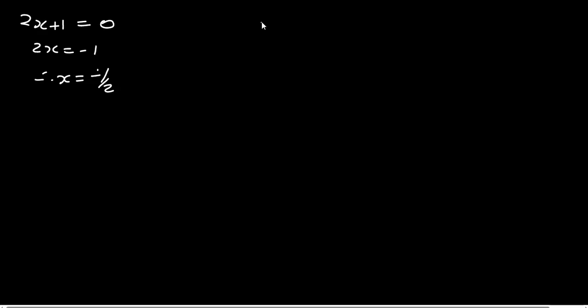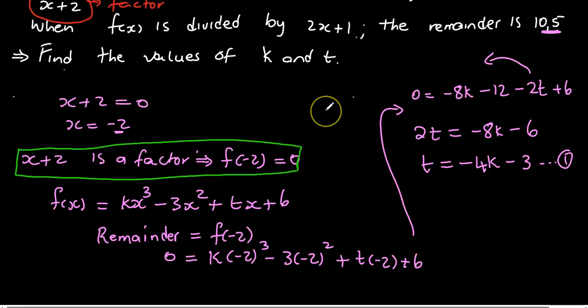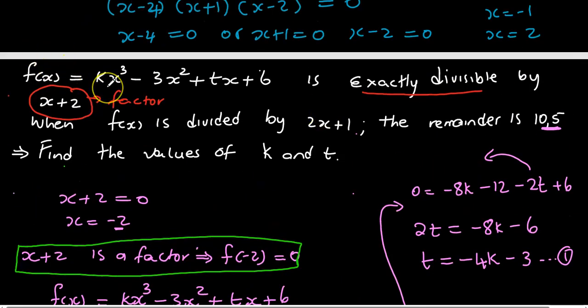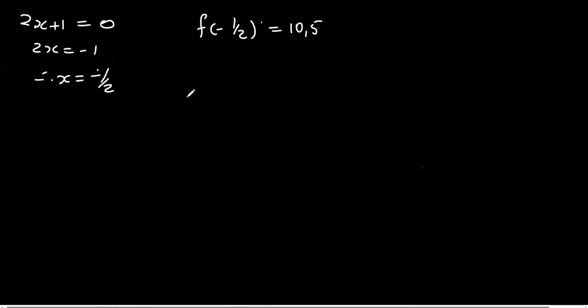So this gives us the remainder of 10.5 from the statement. This tells us that we need to find f(-1/2), and we should get a remainder of 10.5. But now we know what f(x) is. We can just go back. f(x) is kx^3 - 3x^2. So we need to substitute -1/2 where there's x.